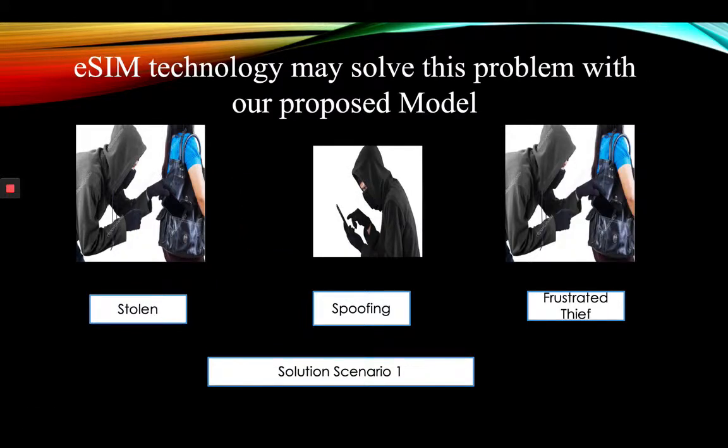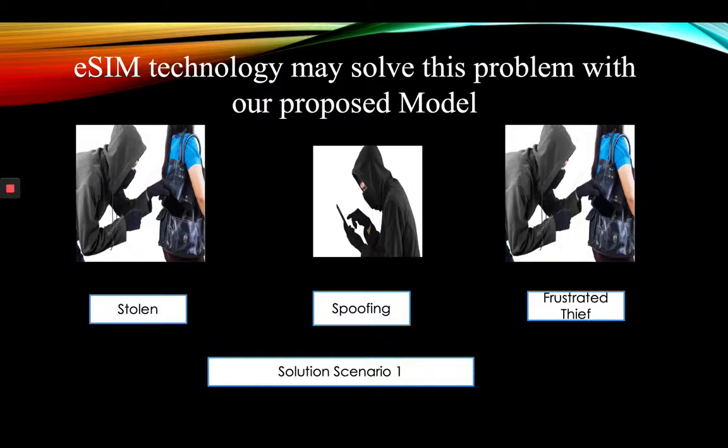When our model is applied, the scenario will be fully different. Here, the same girl is walking across the street without any extra physical security than before. The same thief is trying to steal her phone from her dainty bag. In the second picture, we see that the thief has succeeded in stealing her smartphone and is trying to remove the SIM card. That is totally impossible, as we used eSIM technology as a part of our model.